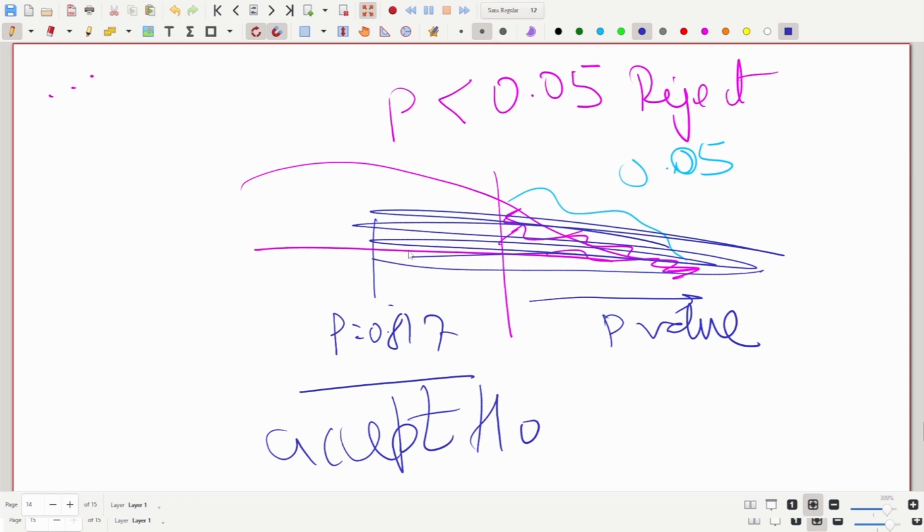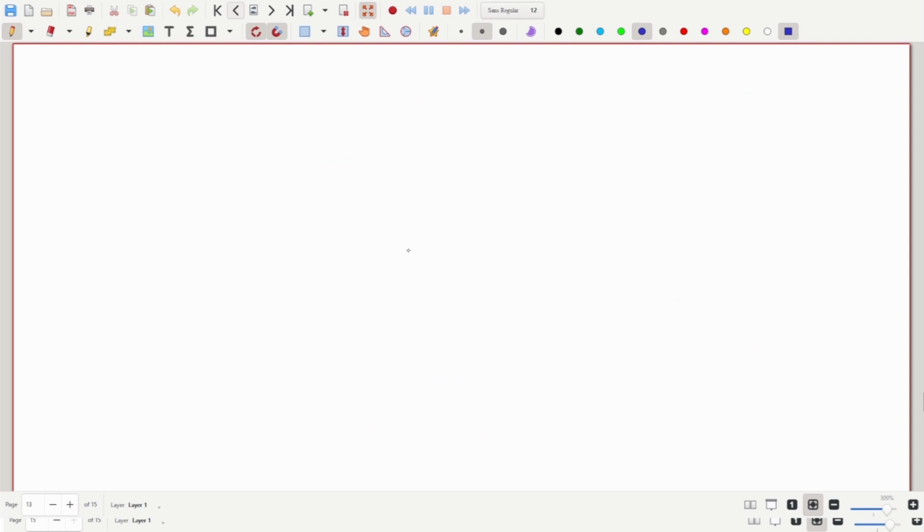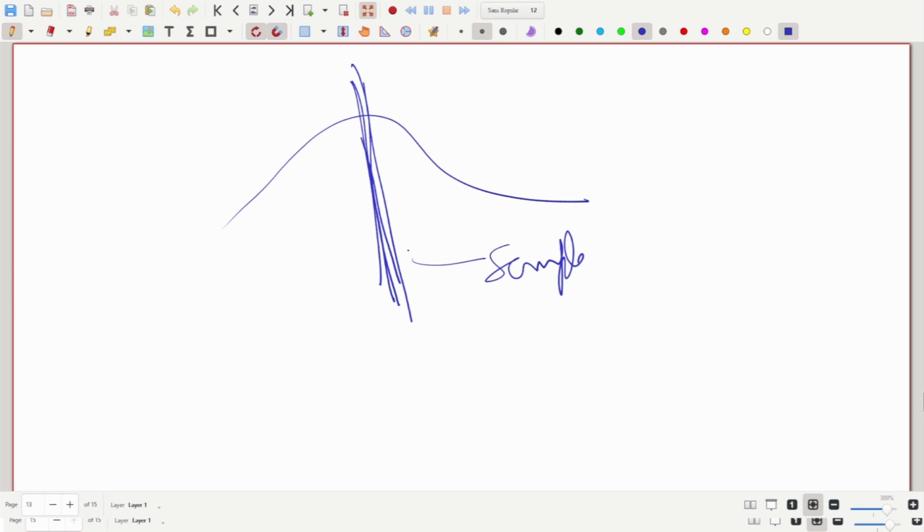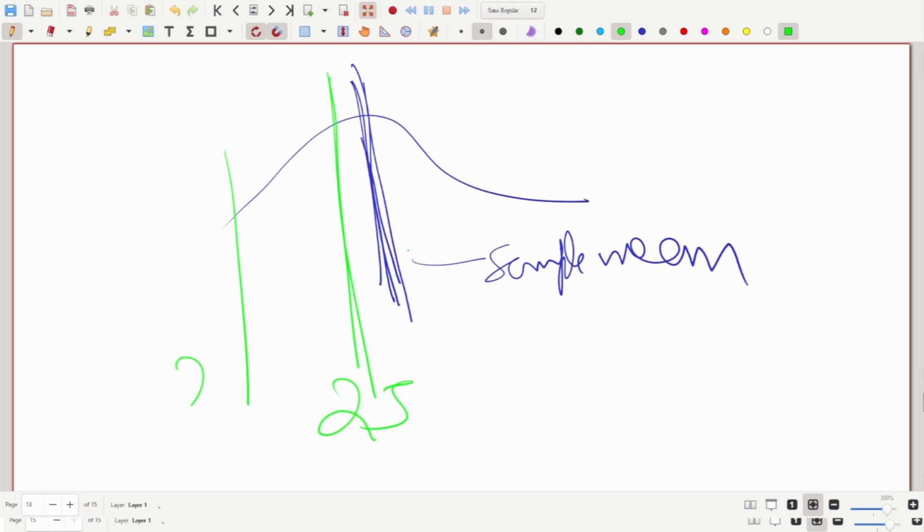Because the sample has a mean. This is the sample mean. One time we are checking whether the population mean is 25 or the population mean is 22. So we are checking the population mean.